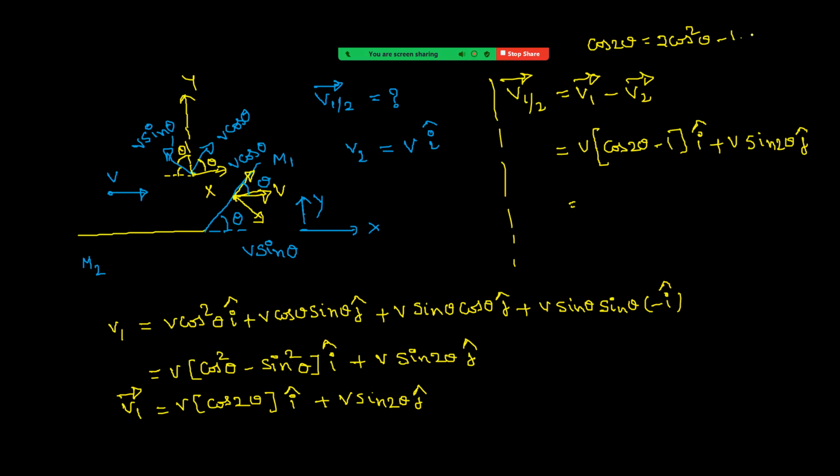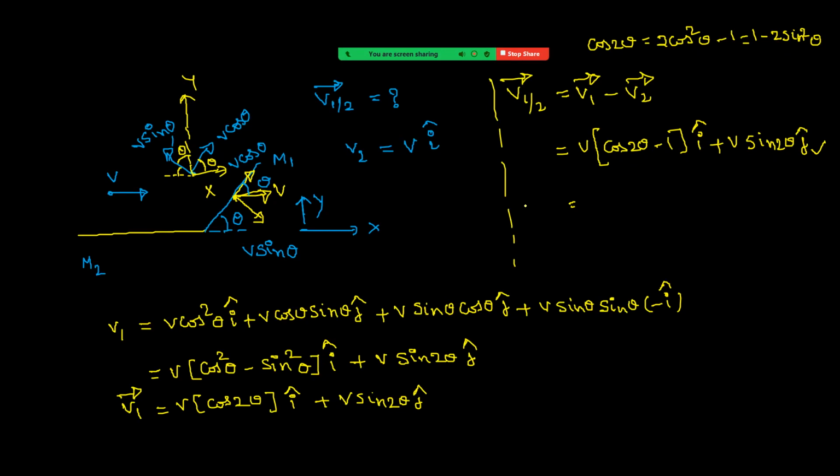This is also taken as 1 minus 2 sine square theta. That means in place of cos 2 theta minus 1, I can write minus 2 sine square theta. This is the answer in vector form.